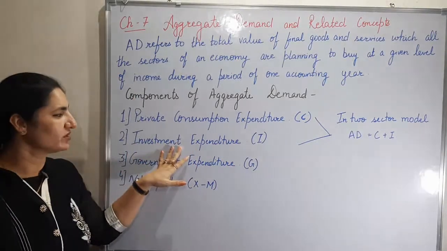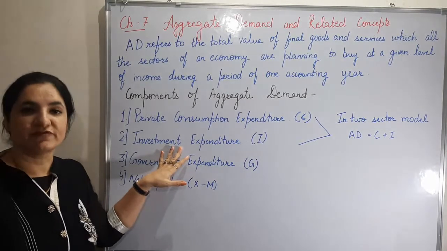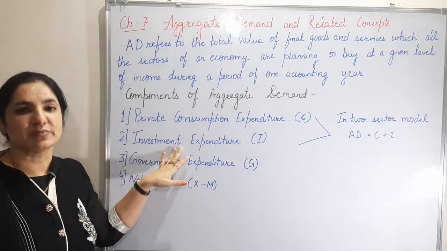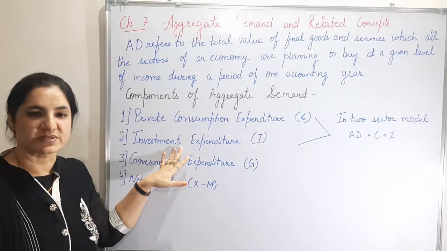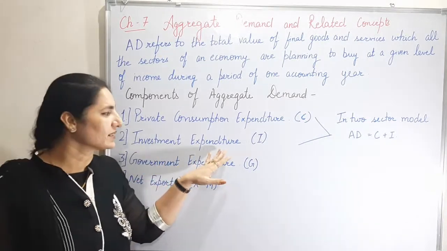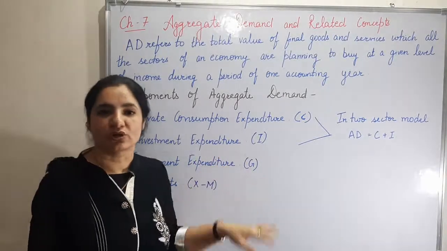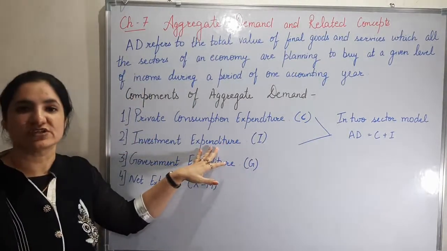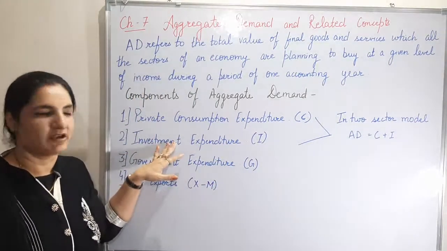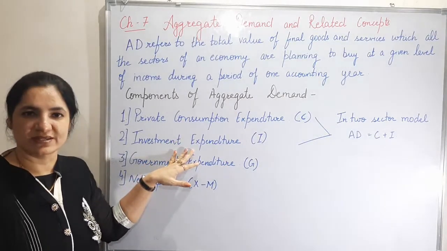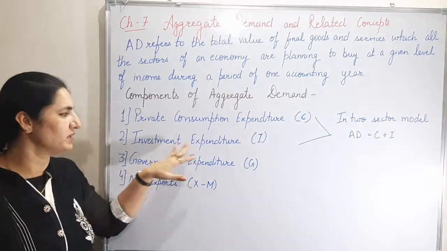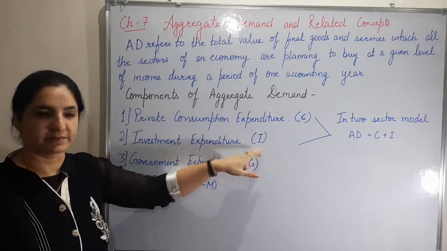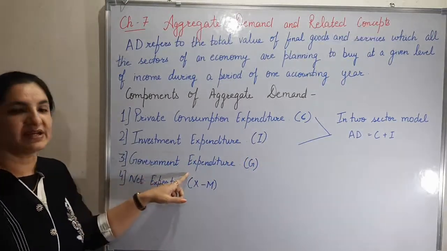Investment expenditure is related to the firms, because investment is done by the firms. Firms means those sectors which are not the household. So the expenditure which is made on capital goods will be included under the second head, that is investment expenditure, I. Third is the government expenditure.